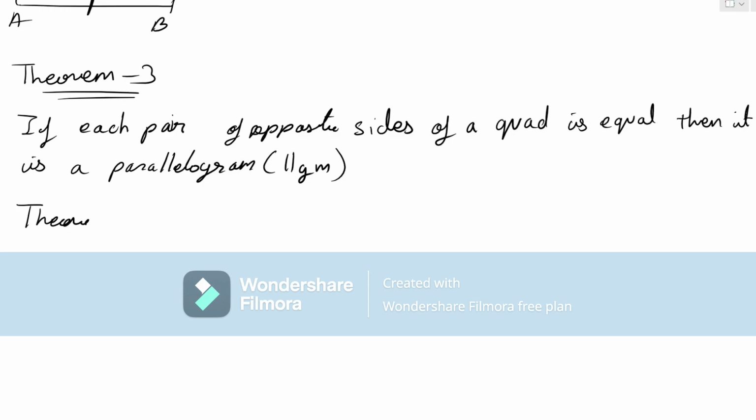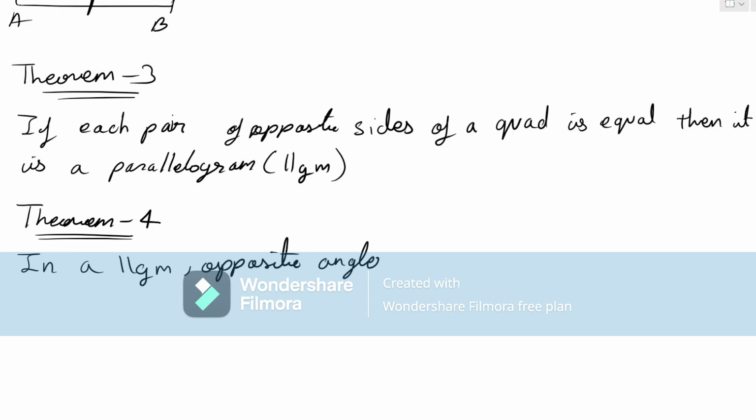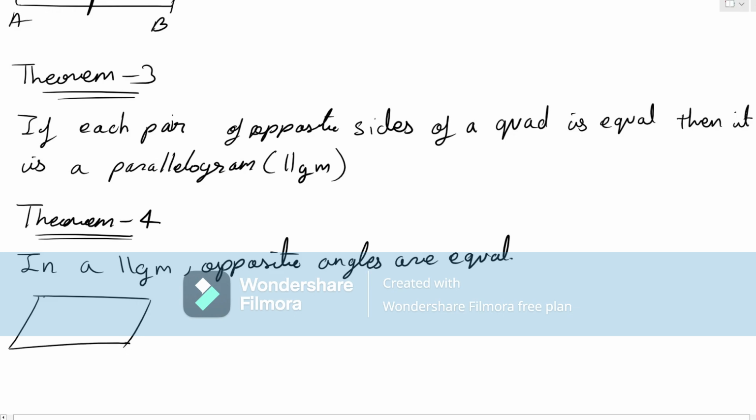Now theorem 4. What is theorem 4? Let's see. In a parallelogram, opposite angles are equal. Suppose here we draw a shape that is a parallelogram, right?